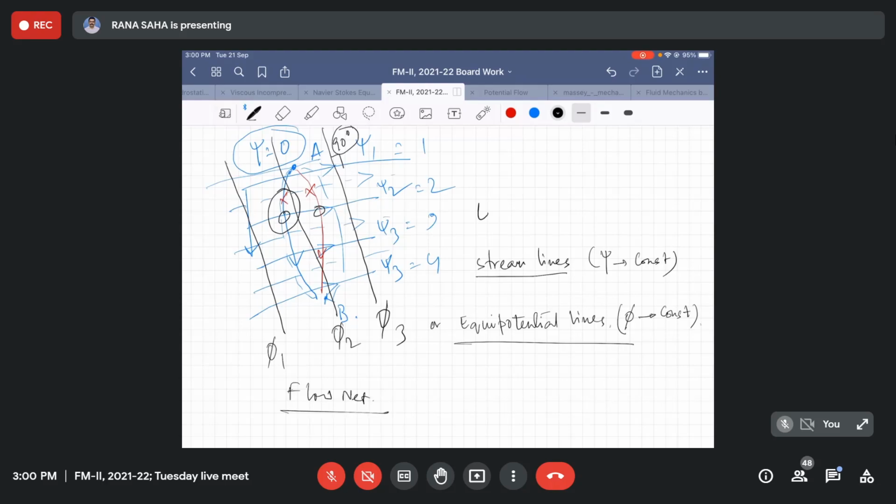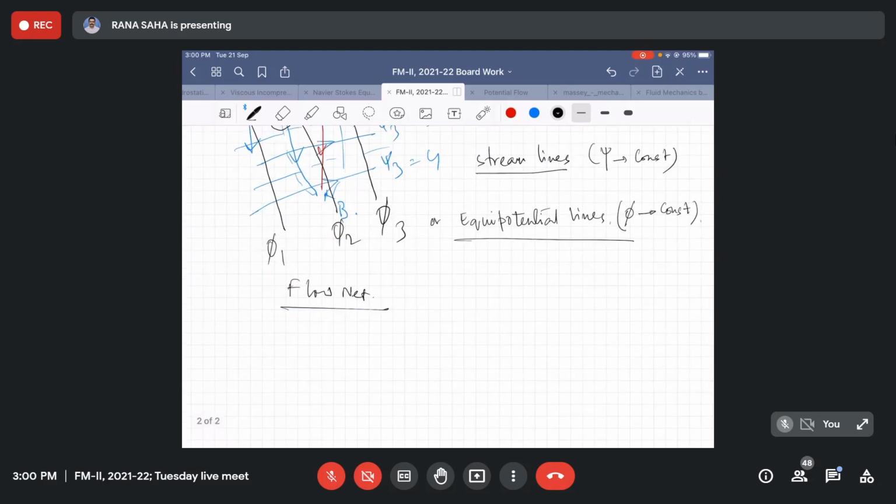So that is basically the way stream function and velocity potential function have been defined, and then we moved into another very important aspect of potential flow, that is the definitions of circulation, vorticity, and velocity.